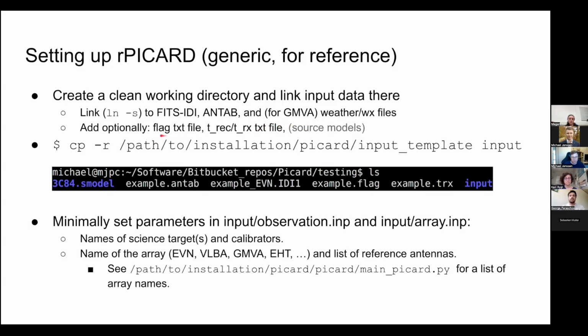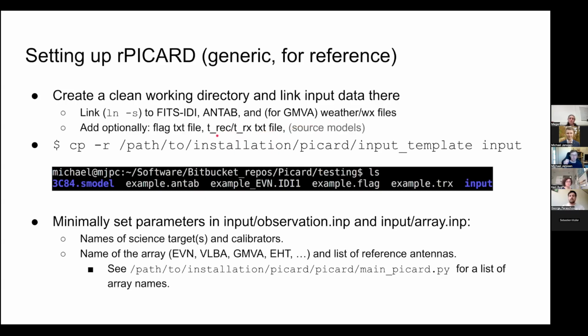And optionally, if you get these from the correlator, you can have some files that contain selections of bad data that you should flag a priori, and a list potentially of known receiver temperatures. So this is then only needed for the GMVA, for this opacity correction fit.